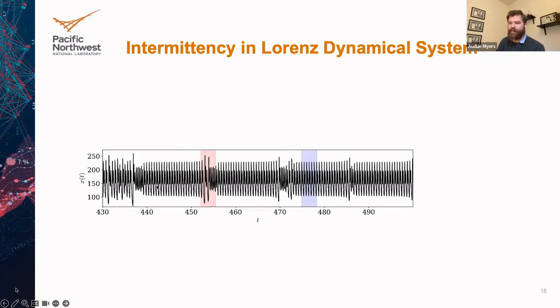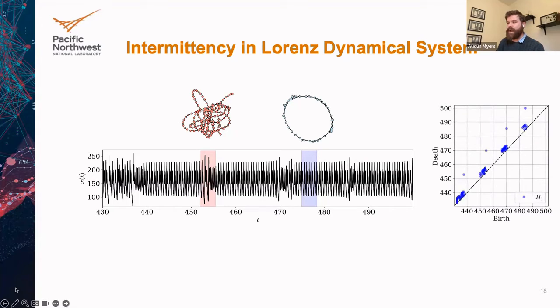What you want to do is automate the detection of those changes. You can see here in red a section of chaotic dynamics, while in blue over here is periodic dynamics. We can construct these ordinal partition networks at each window, using a sliding window across the whole time series.